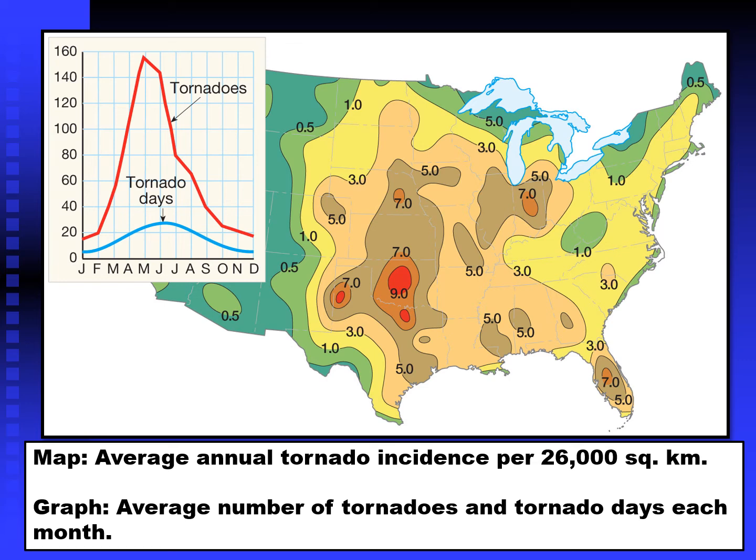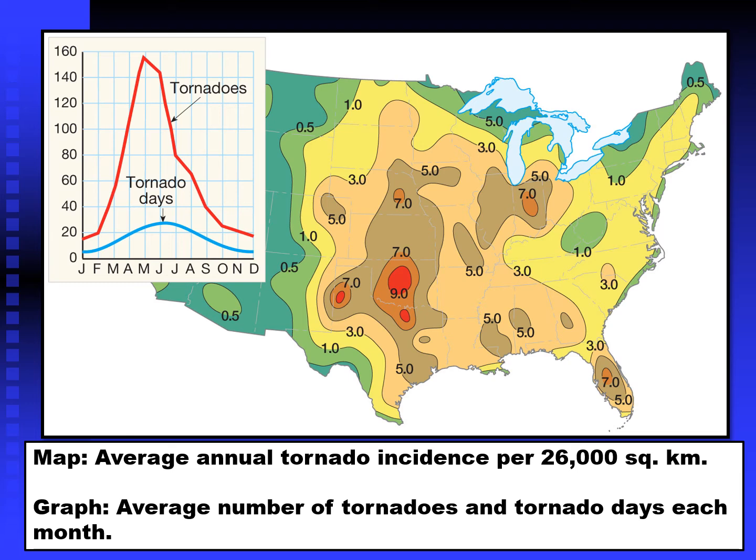Okay, so can you find Tornado Alley on this map? Of course you can. It's there where you got the 9.0 and the 8.0 and the 7.0. So the red is 9.0, the orange is 8.0, the brown is 7.0, and so on down. So clearly you can see Tornado Alley there.